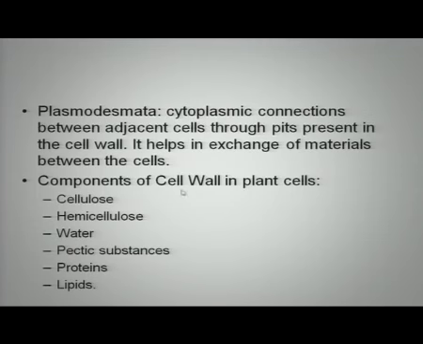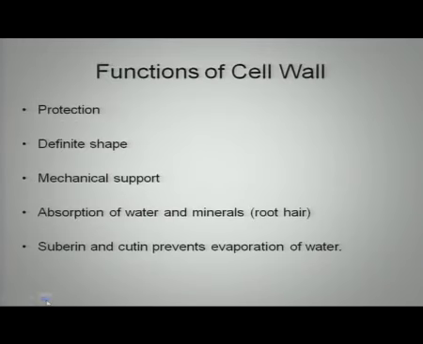Now, components of the cell wall present in a plant cell: cellulose, hemicellulose, water molecules, pectic substances, proteins, and even lipids are present in the cell wall of plant cells. Now, coming to the functions of a cell wall, since it is rigid and hard, it gives protection.